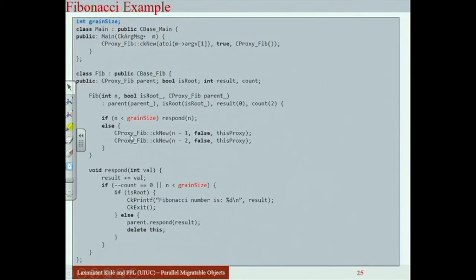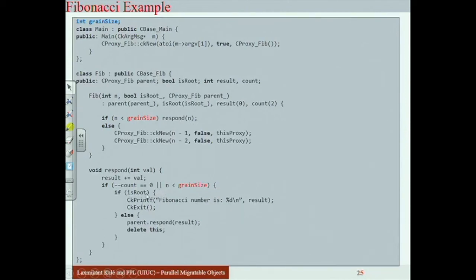And then here, on any arbitrary chare running on some arbitrary processor, you can say if n is less than the grainsize, respond. Now, of course, I didn't put the sequential fib here. Respond with sequential fib of n. So there's a bug here: it should respond with sequential fib, letting sequential fib calculate the value and send it there.